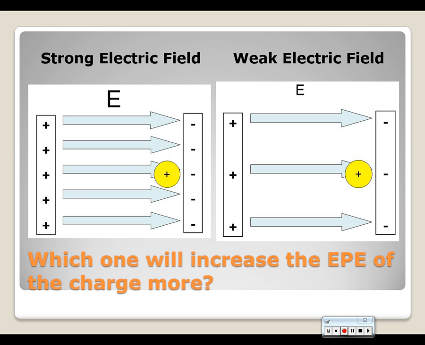What can we do to the field strength? Stronger field, right? Just like when we go to the moon, what happens to the gravitational field surrounding the moon compared to Earth? It's a smaller field or a weaker field. And that means not as much energy.